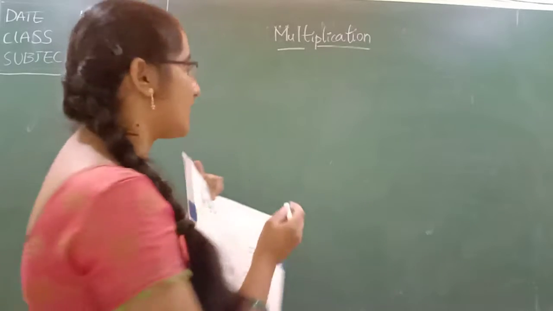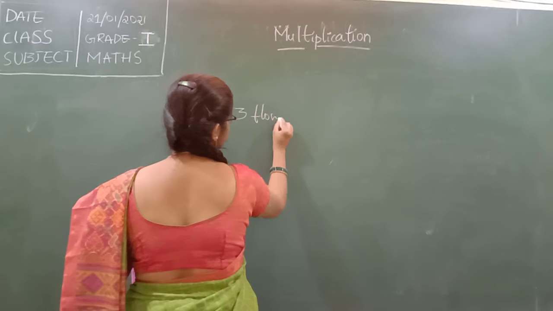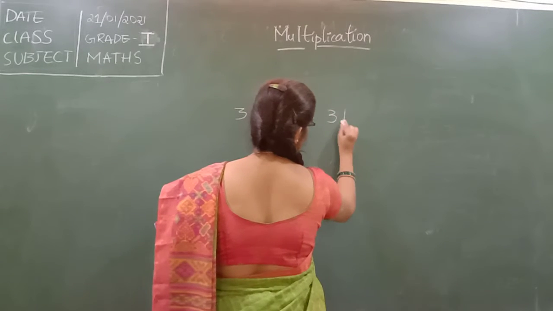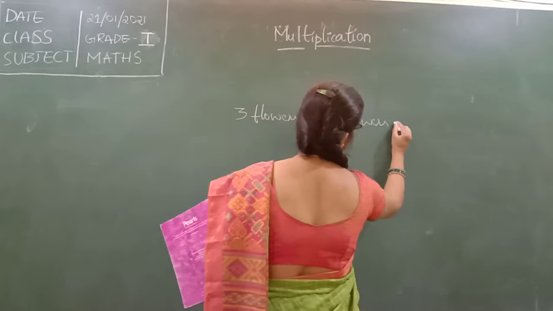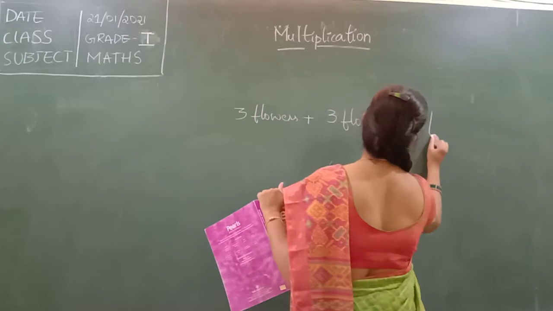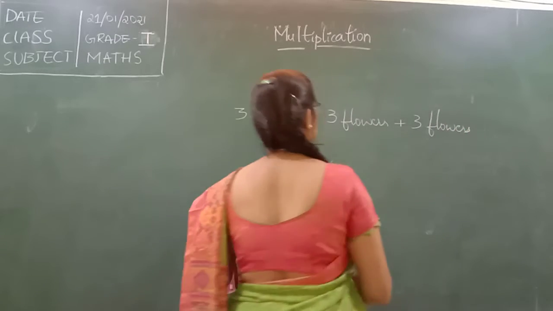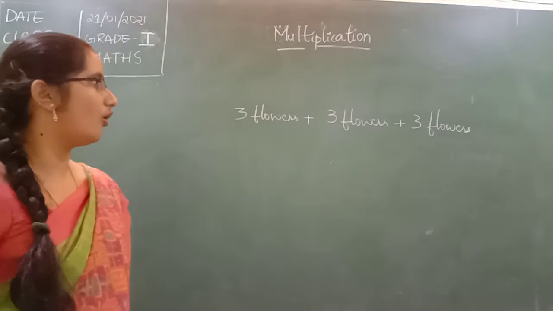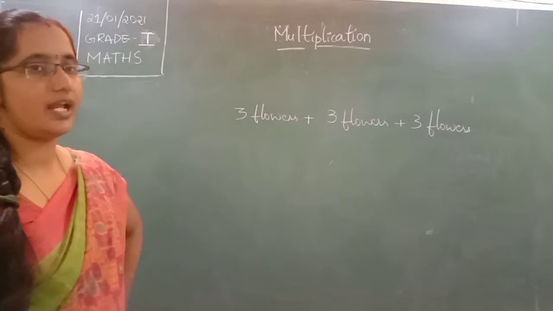So 3 flowers plus 3 flowers plus 3 flowers. How many flowers are there in all?